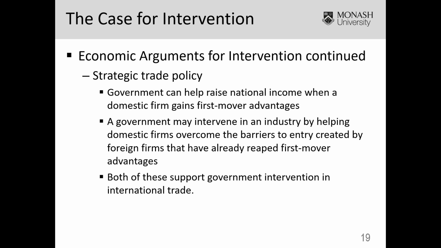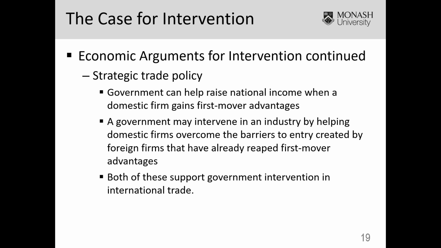Which leads us to strategic trade policy. Now, I said the last one was the last one. This is the last one. Governments can do all of the things that I've just mentioned in an ad hoc way.